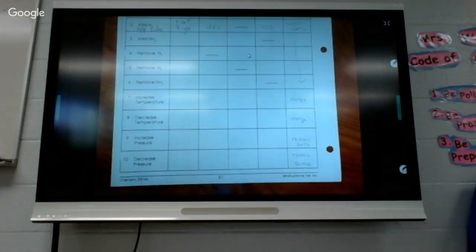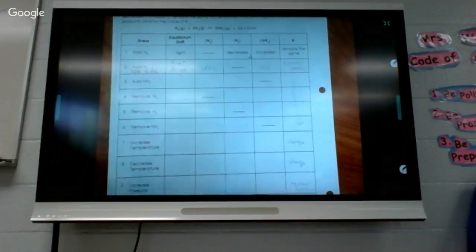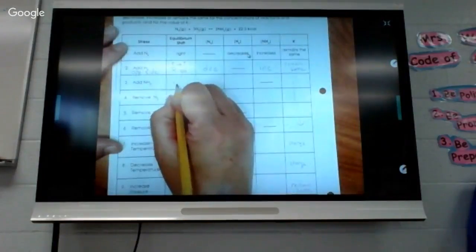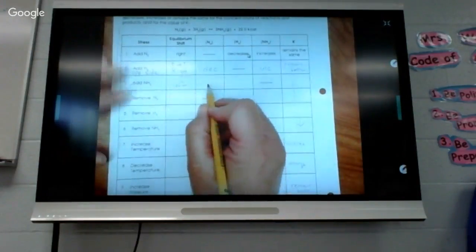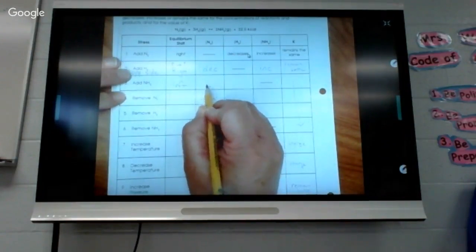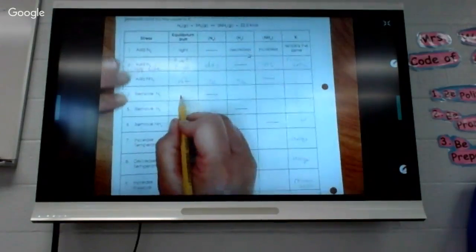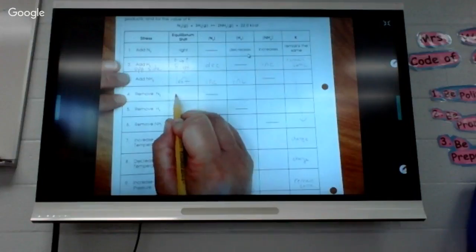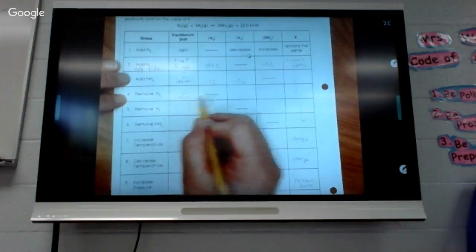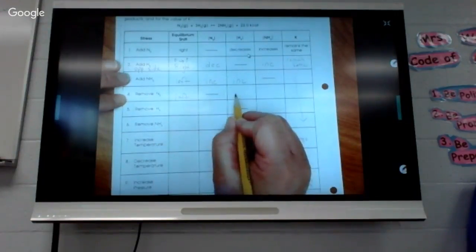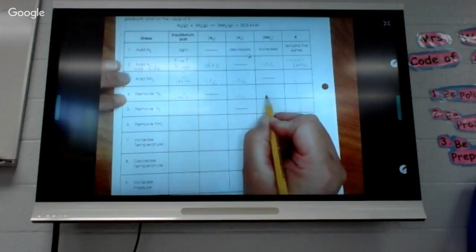All right, so if we look at number 3, if we add NH3, it goes to the left. It goes to the opposite side, so it's going to be left. If it goes left, that means N2 will increase and H2 will increase. If I remove N2, it will go left, which means H2 will increase and NH3 will decrease.